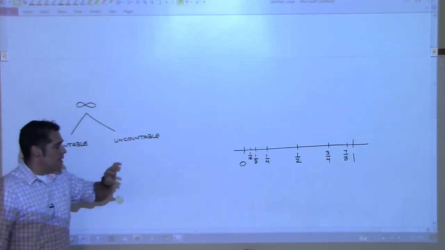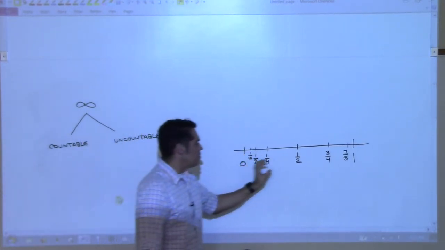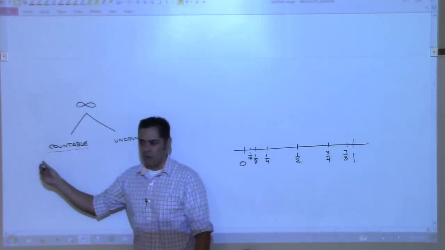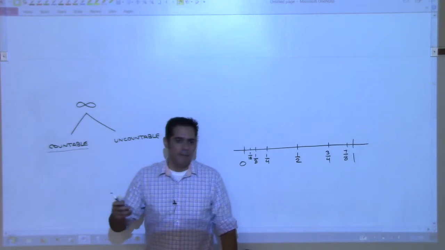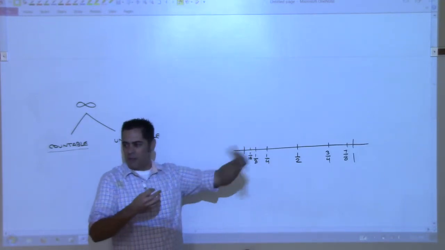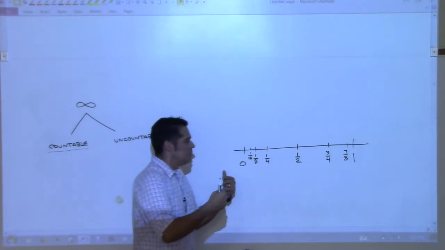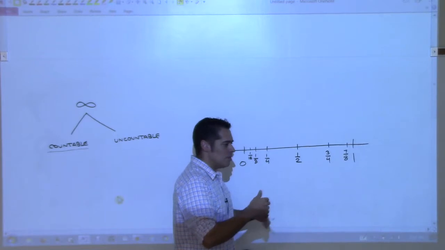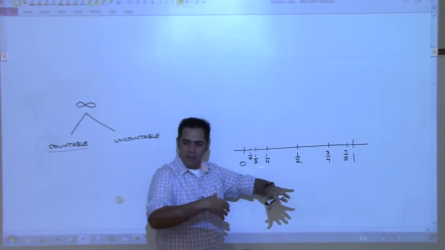All right. Those fractions in here, just between 0 and 1, fall into the category of being countable, meaning that you can't actually count them all because there's an infinite number, but you could kind of imagine starting at 0 and being able to almost walk across a pond on lily pads.